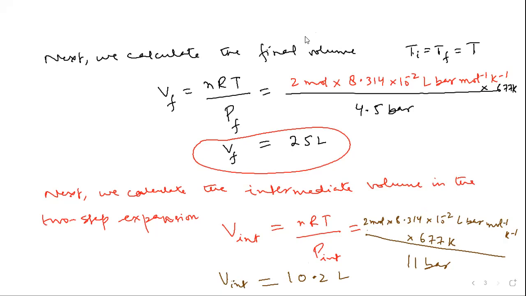I will encircle it. Third thing we have found, right? Now I know the volumes, final volume, initial pressure, final pressure, and intermediate volume, intermediate pressure. So I can show this on a PV diagram. So let me draw a PV diagram.